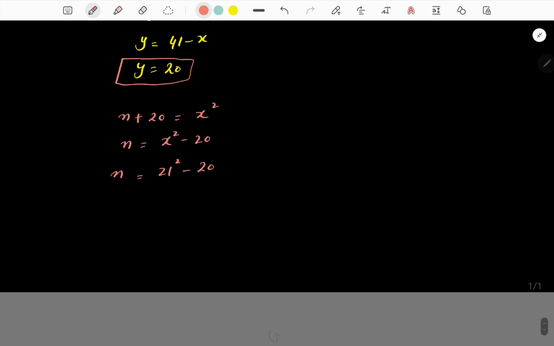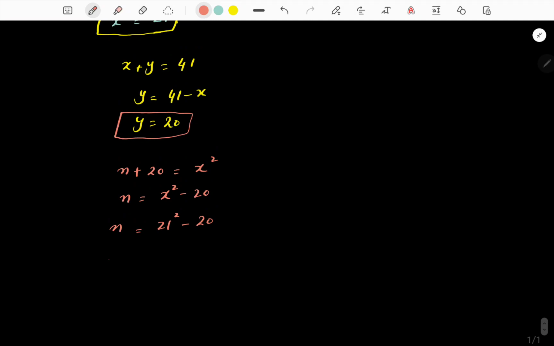So n is equal to 441 minus 20, and n is equal to 421.